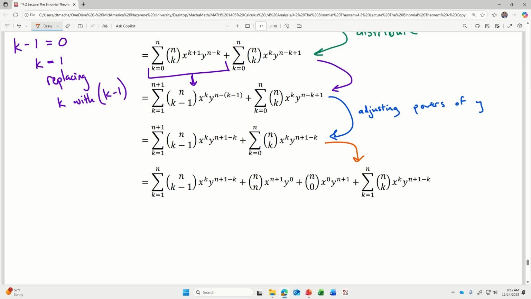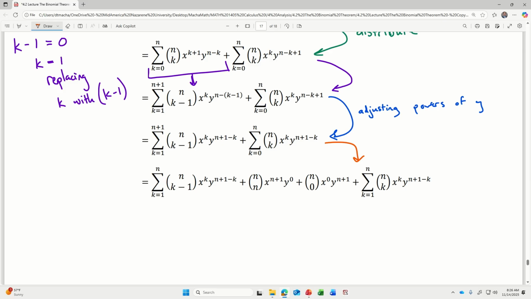And I'm missing, then, the same term would have x to the power n plus 1 and y to the power 0. And so what I've done is I added that last term out to the side, because I don't want to change the value of what I'm doing. Instead, I'm just taking that last n plus 1 term out of the sum and writing it down more explicitly. Okay? Then what happens to the last sum?